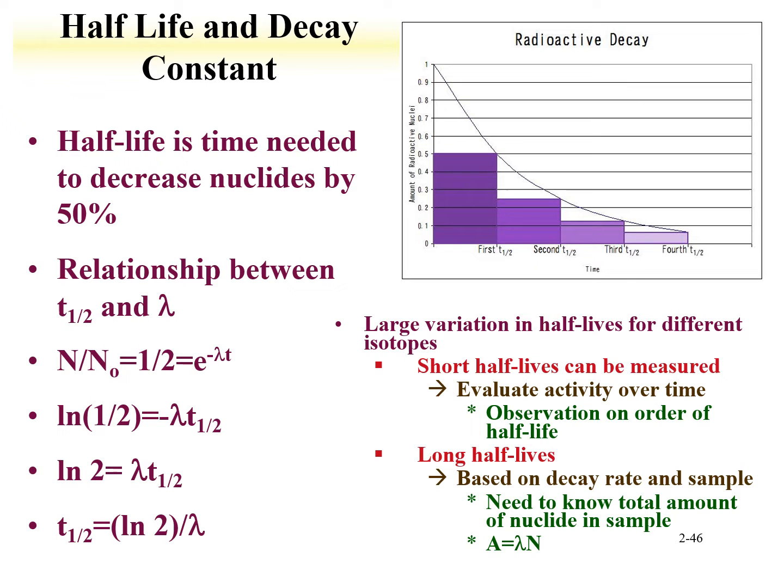There can be large variations in half-lives for different isotopes. Short half-lives can be effectively measured. Imagine if I had something with a half-life on the order of many minutes to hours. I could use a detector and count the decay of that isotope.